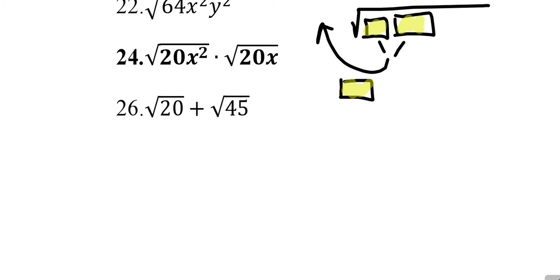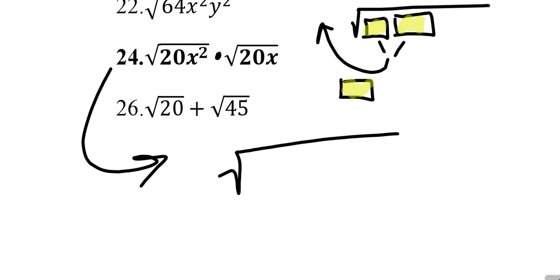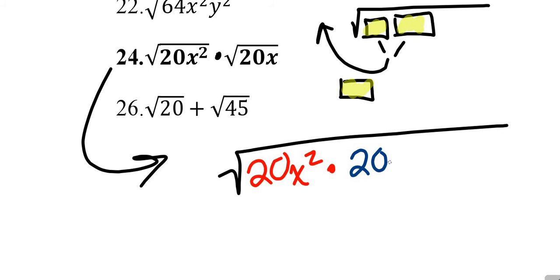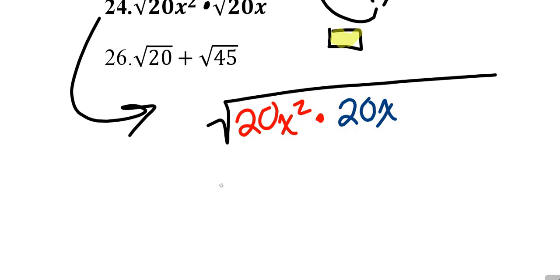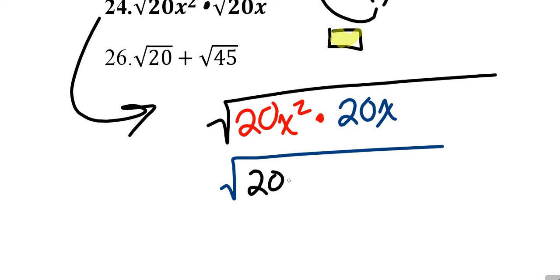Therefore, taking a look here, also when you multiply radicals, so looking at 24, this is going to be one giant radical because it's times, not plus. And this is going to be the square root of 20x squared times 20x. I'm going to pull that apart a little. So it's all multiplying, so I can rearrange it.